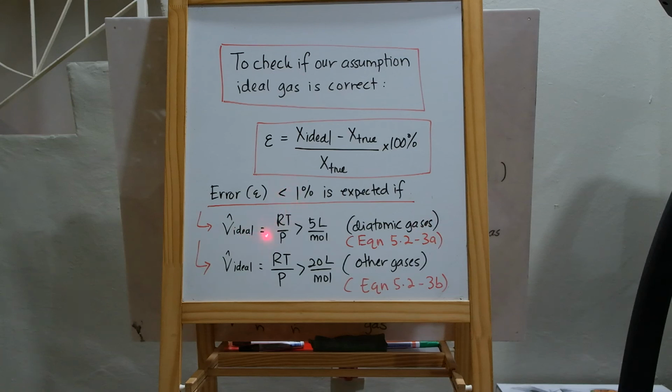That means your ratio RT over P is more than 5 liters per mole, and in the case of other gases, this ratio is greater than 20 liters per mole. So if you get less than 1%, your assumption of an ideal gas system is correct.